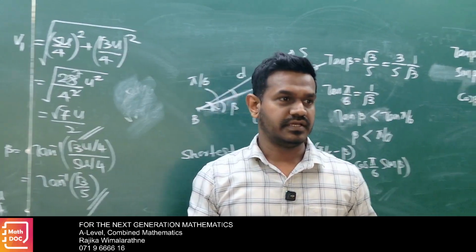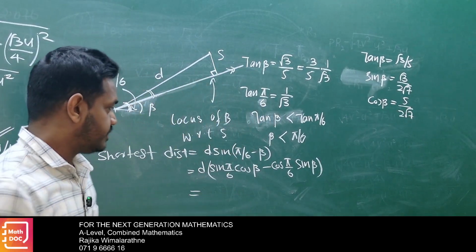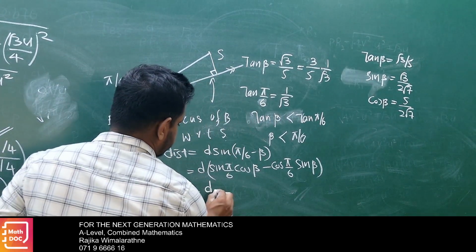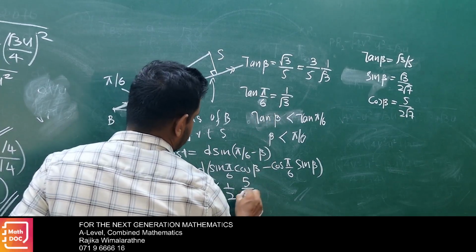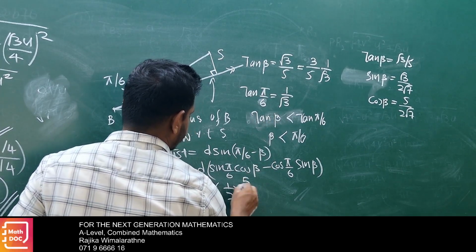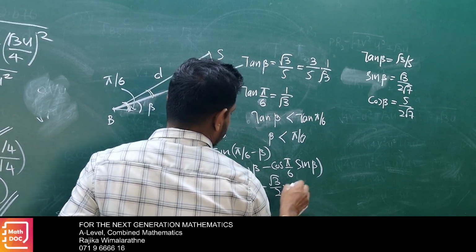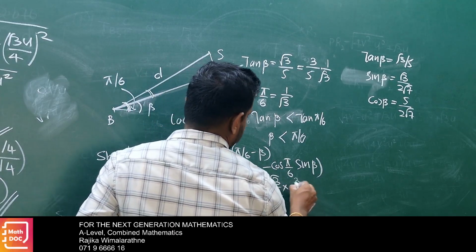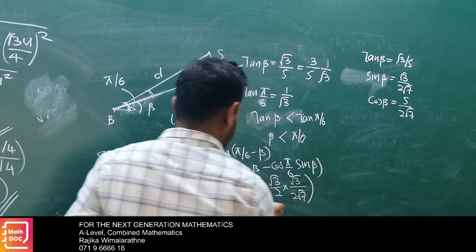Now you can simplify. Find this value now. Sin 30 is half, cos beta is 5 over 2 root 7, cos 30 is root 3 over 2, sin beta is root 3 over 2 root 7. Now simplify this.